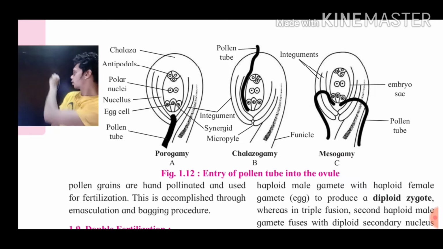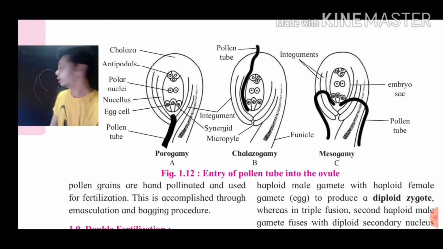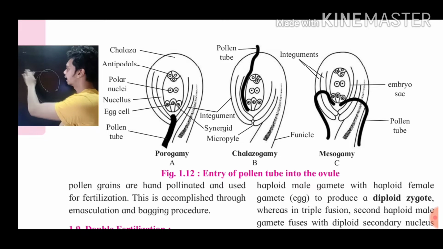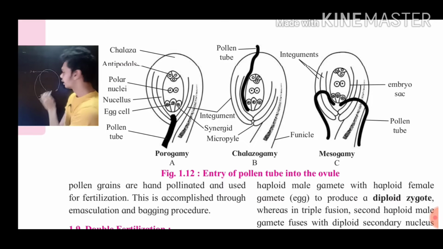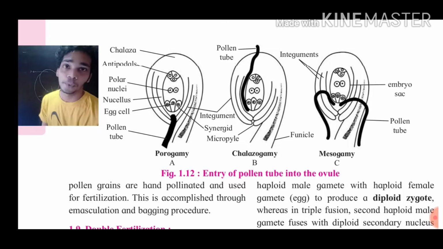If I draw the structure of the embryo sac like this, this is the micropyle and this is the chalazal end. If the pollen tube enters from the micropyle, it is called porogamy.